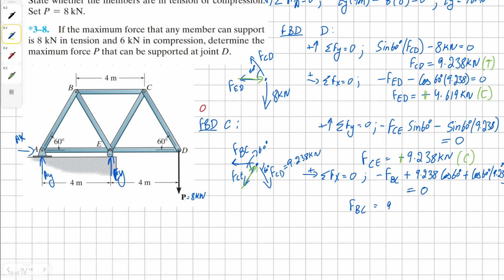Solving for BC, we get our solution as 9.238 kilonewtons, and this member is in tension.